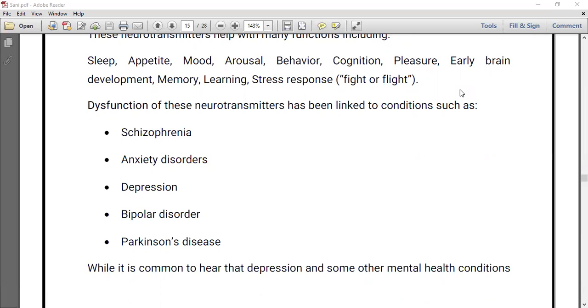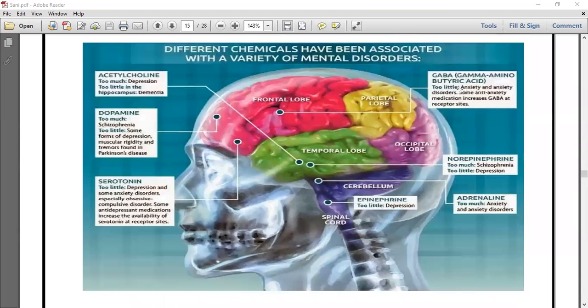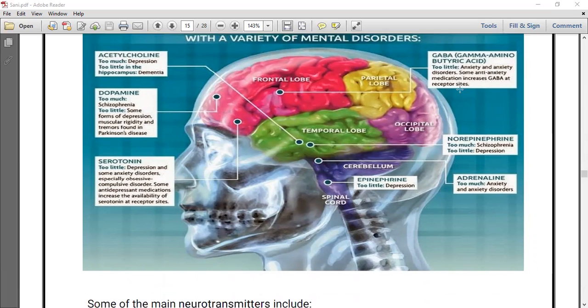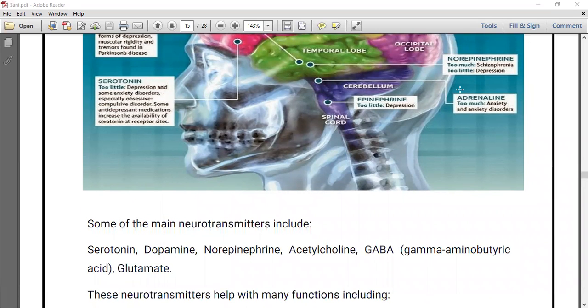Why does Parkinson's disease occur? Parkinson's disease occurs when the dopamine neurotransmitter is produced too little in the forebrain of our brain.